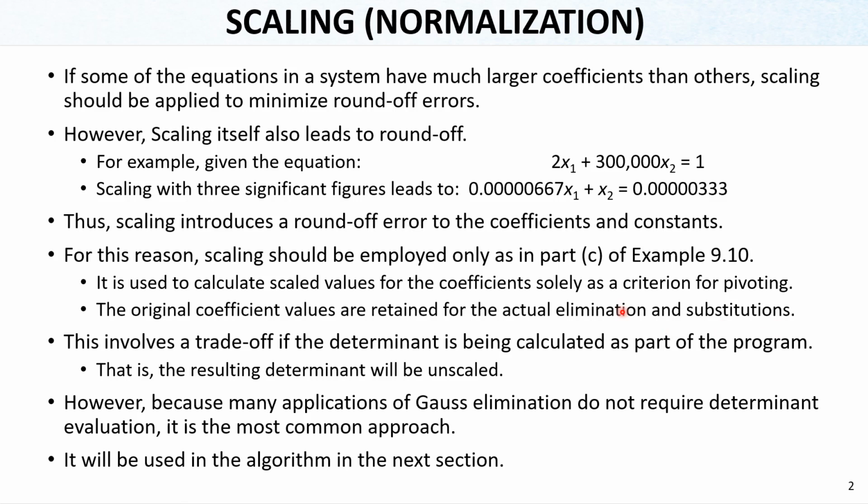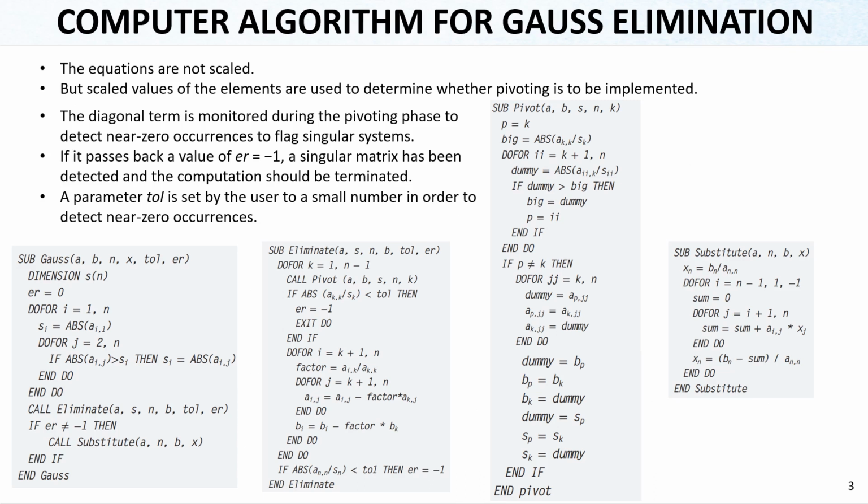We will show the algorithm for this process in the next slide, actually. Meaning that we will use scaling or normalization for pivoting only. Scale values of elements are used to determine whether pivoting is to be implemented.